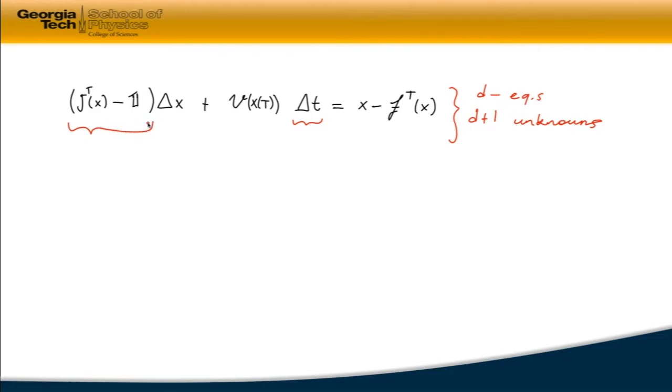This matrix here has an eigenvalue 0, if the Jacobian actually corresponds to the Jacobian of a periodic orbit, because we know that for a periodic orbit, there is at least one marginal Floquet multiplier. So this matrix is not invertible.